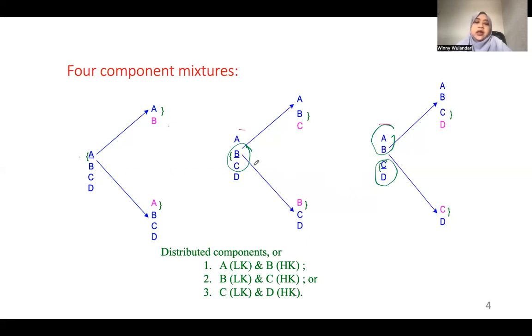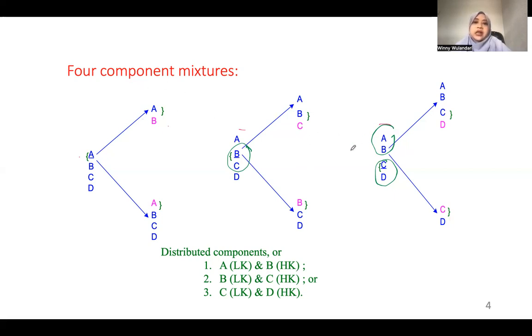And with that, you can also think about which one is the heavy key component and the light key component by checking all the separations. You need to decide which one is the heavy key and the light key based on your preference for your distillation operation. If you want a pure product, usually of the most volatile one, we usually use this approach.